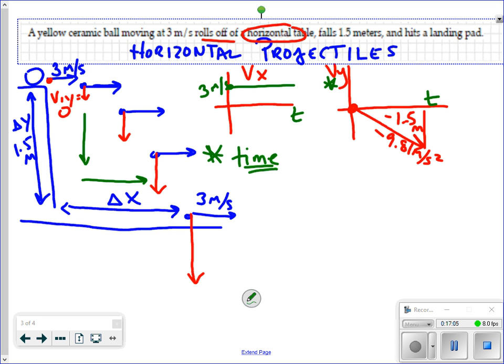If you cannot resolve this particular graph, you can rewind the video and go back, but you're going to get the time of 0.553 seconds. You're going to get the final velocity, negative 5.42 meters per second. And this time then goes over here.